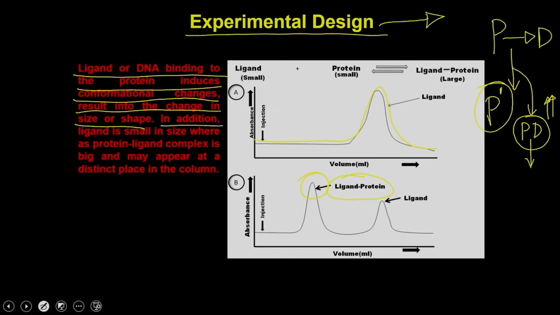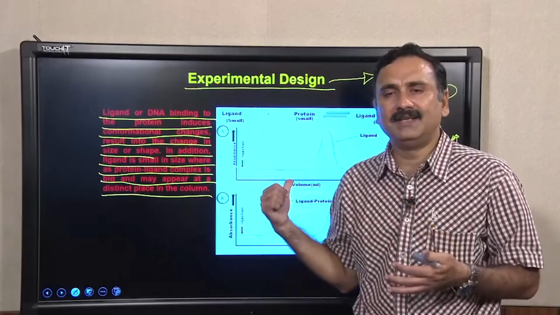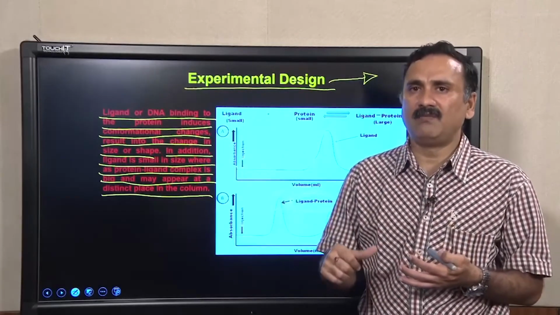In addition, the ligand is small in size, whereas the protein-ligand complex is big and may appear at a distinct place in the column. So, this experiment we are showing only for DNA, but you can also answer the interaction of small ligands, such as a substrate, with the protein utilizing gel filtration chromatography.